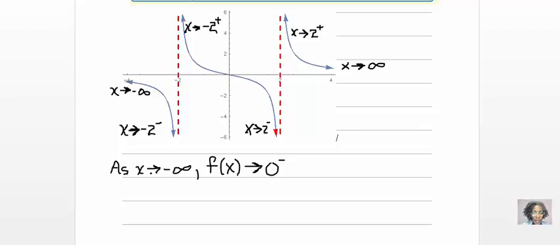When I'm talking about x's and I use the negative or the positive symbol as an exponent, I'm talking about from the left and from the right.